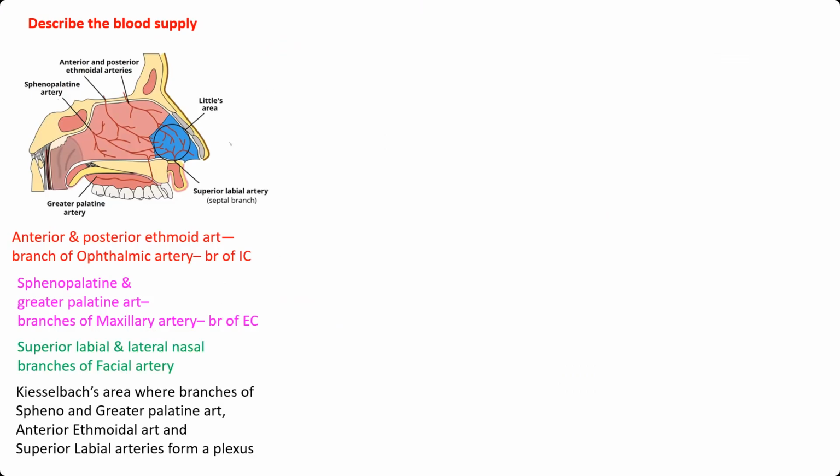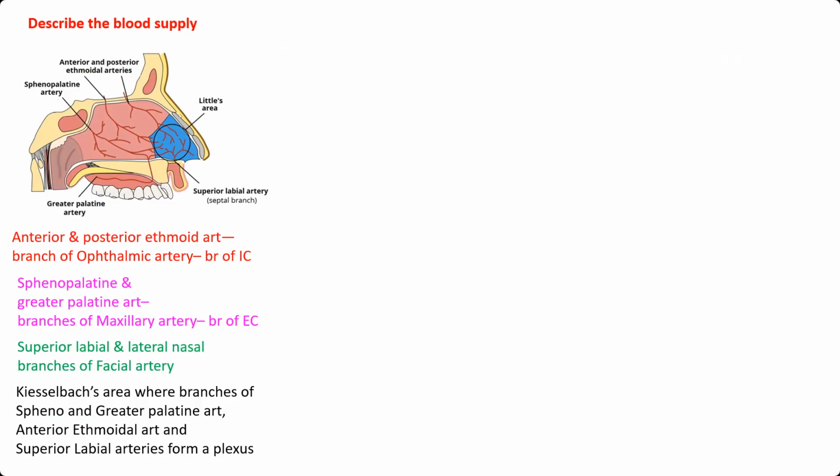And this area, which is called Little's area, what is the importance of that? It is also called Kiesselbach's area, where branches of the greater palatine, anterior ethmoidal and superior labial arteries all form a plexus. So what is the importance of this area? Epistaxis. Very good. Whenever a patient gets epistaxis, bleeding usually occurs from this area.